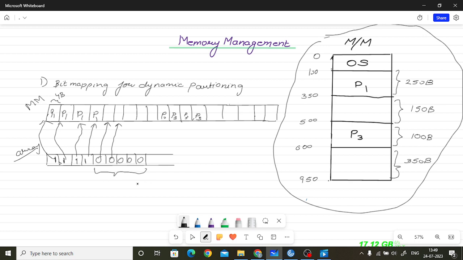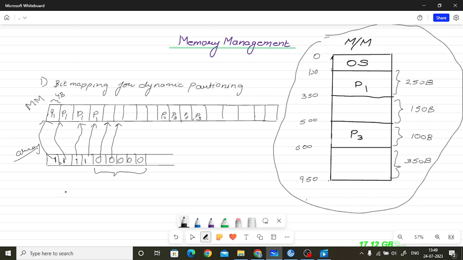The problem in this method is that we have to keep track of each 4 byte allocation unit.